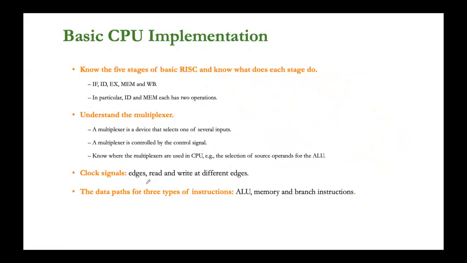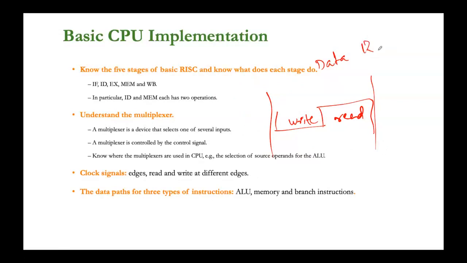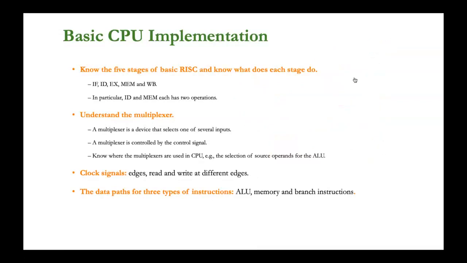You can also check the clock signal edges, so read and write at different edges: the first half cycle is used for write, and the second half cycle for read, to solve the data hazard in read after write cases. Focus on this one too for your preparation.